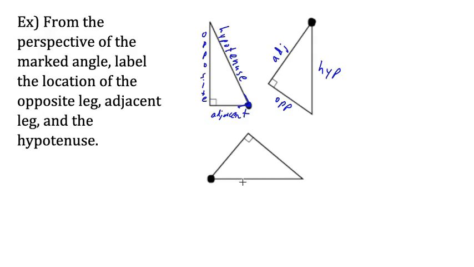On this third triangle, let's go ahead and label the hypotenuse. And then from the perspective of this angle, the opposite leg is on the other side of the triangle. And from this angle, the adjacent leg is the one right next to that angle.